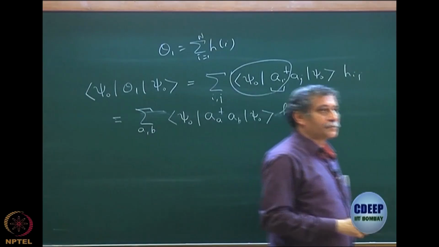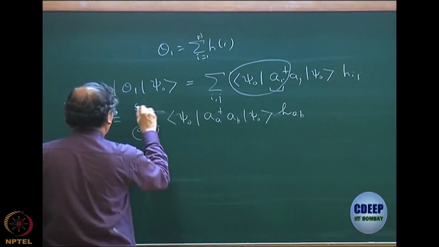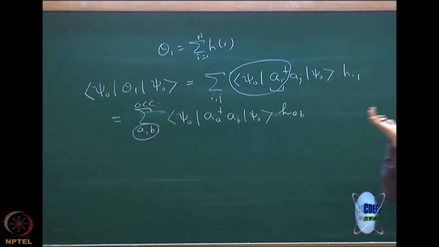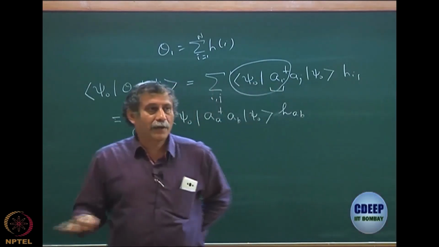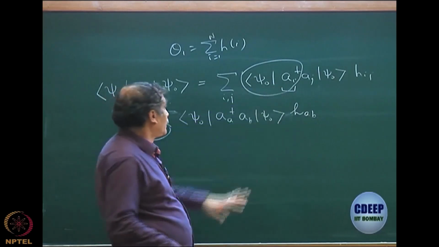So we have put j as b. Now note that these a and b by our notation are occupied orbitals. Okay, later we can change it to hole operators, hole creation, hole annihilation. So that's the standard notation, but right now we are doing this. Is it clear? Otherwise they will be 0. If any other ij, it will become 0 anyway.